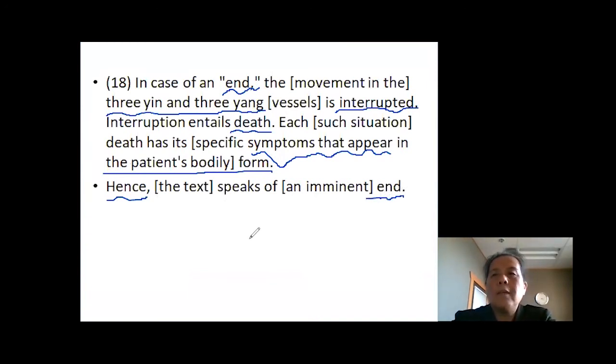So basically in this chapter, we're talking about three aspects. First, we calculate the meridians.